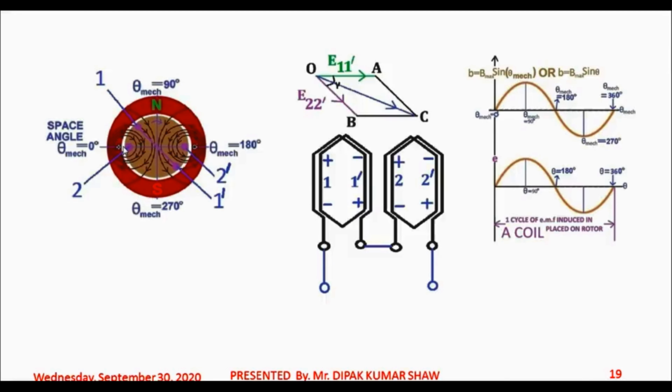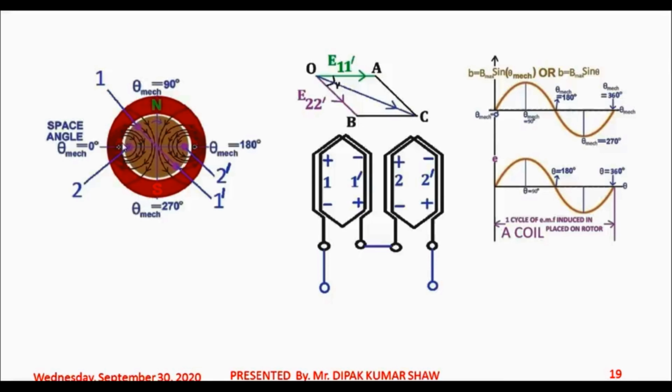which is lying on the axis theta mechanical equal to 0 degree. So we have chosen a point at theta mechanical equal to 0 degree, and we have measured the strength of the magnetic flux density, that is B. Then we measure the magnetic flux density in the air gap for different points along the air gap periphery.